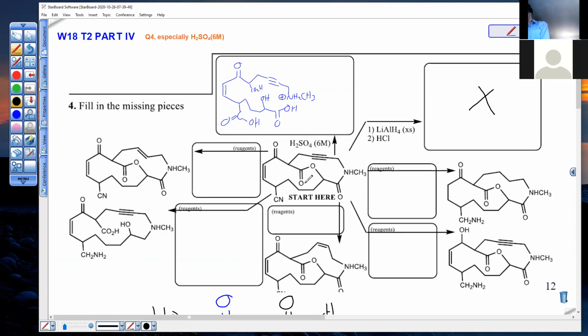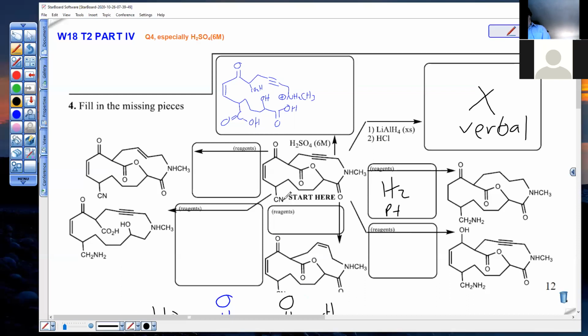This question is, how do you reduce the nitrile without touching anything else, and the pi bonds? H2 and Pt. This was a verbal answer. This is H2 and Pt.